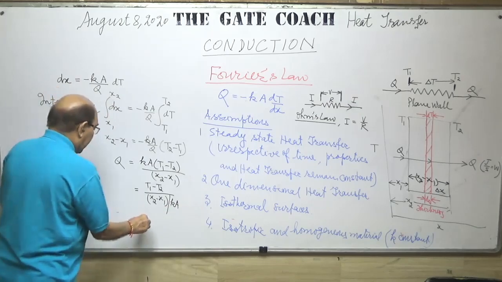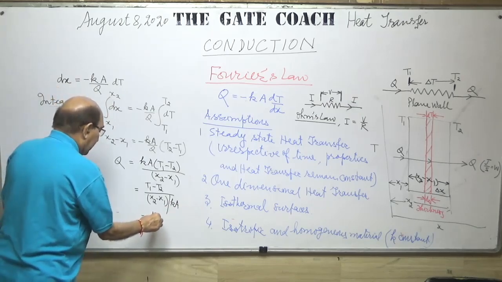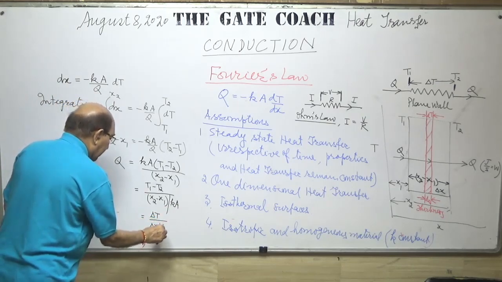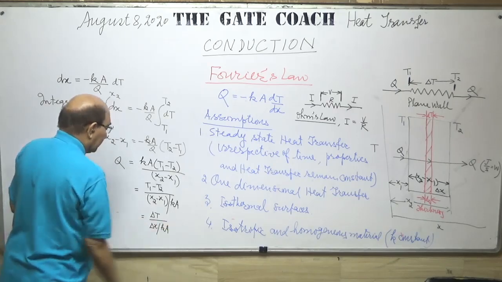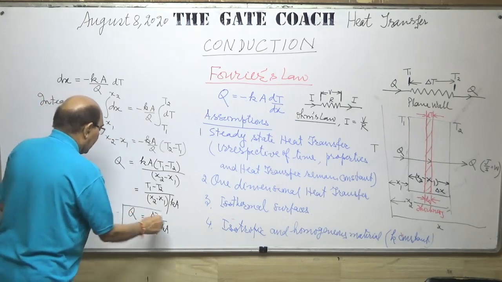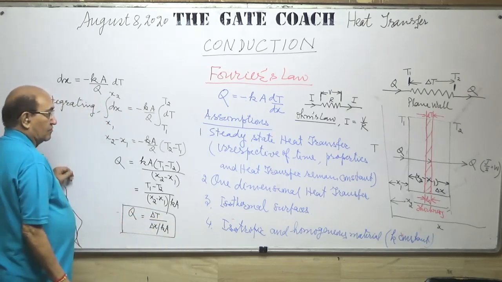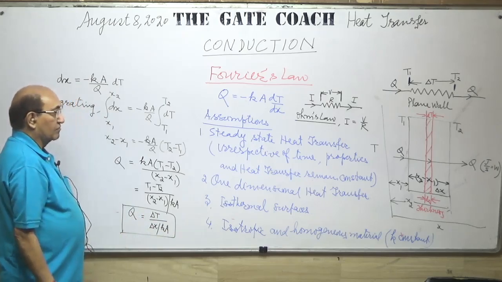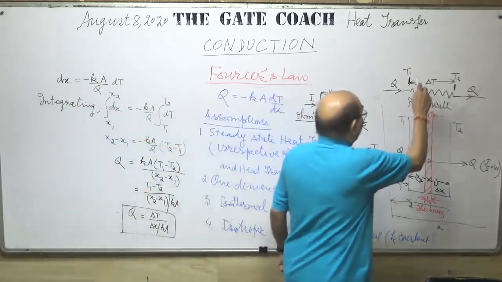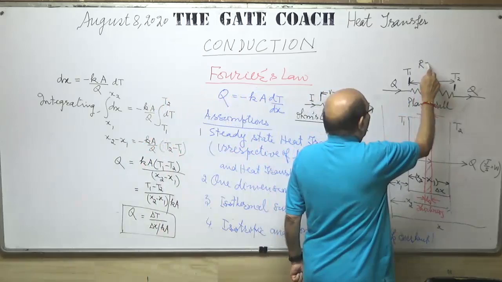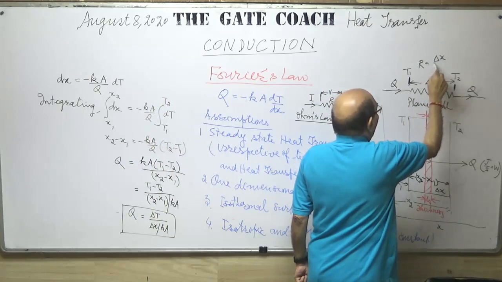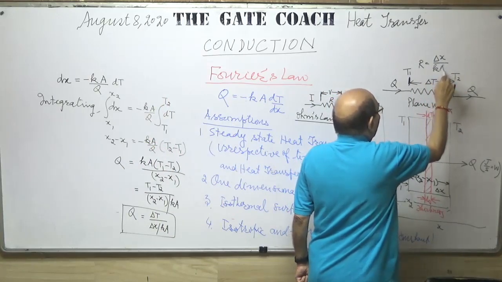So I may write it as delta T upon delta X upon K A. The resistance offered by the material is delta X upon K A.